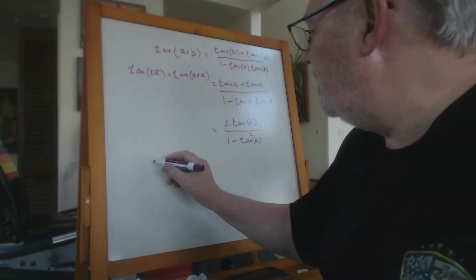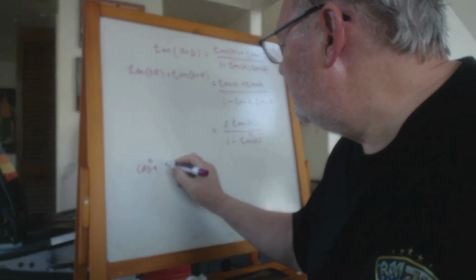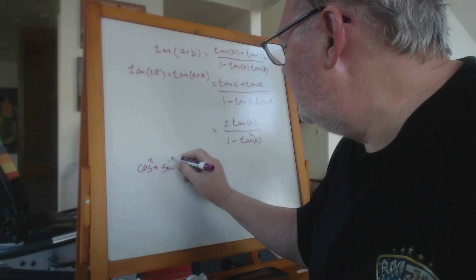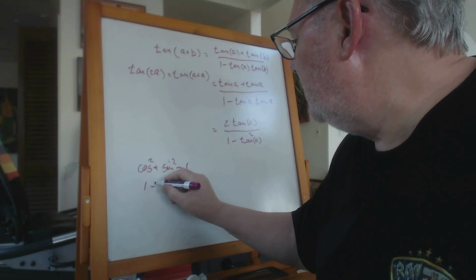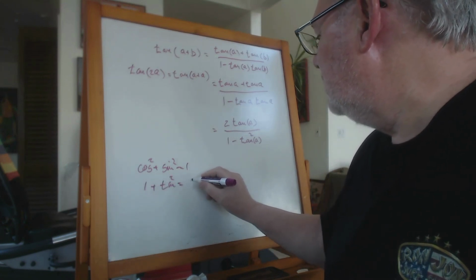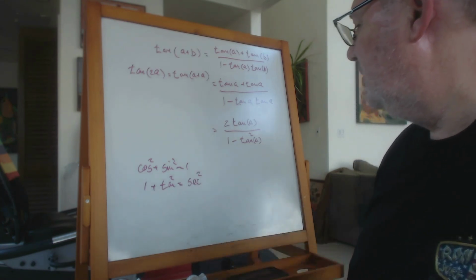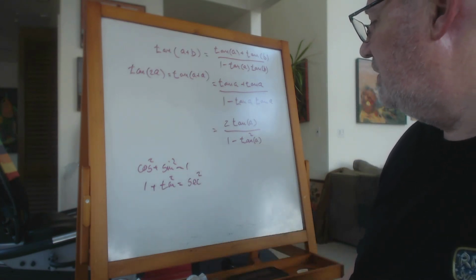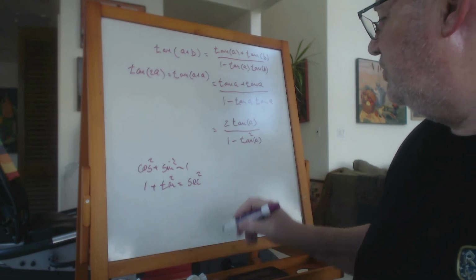But remember, cosine squared plus sine squared equals 1, and we got 1 plus tangent squared equals secant squared. So we can't use that identity.